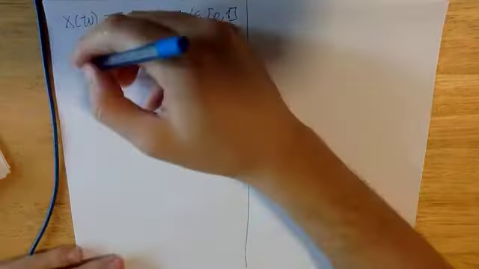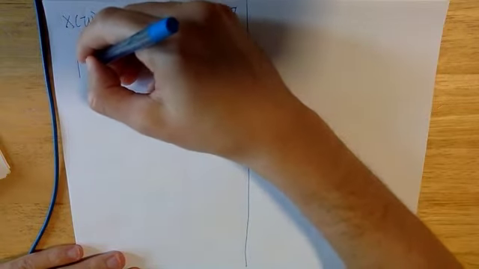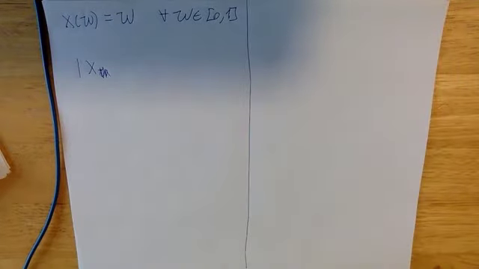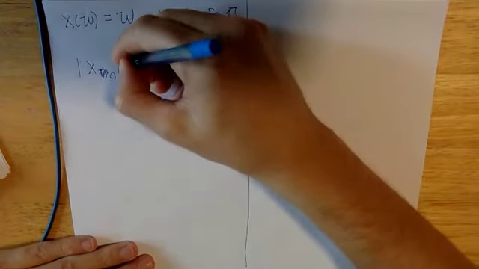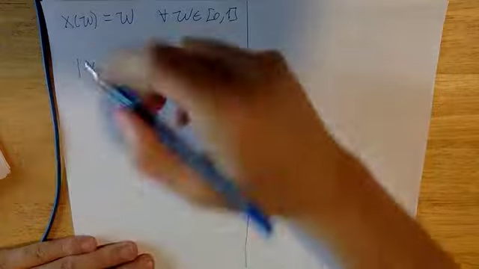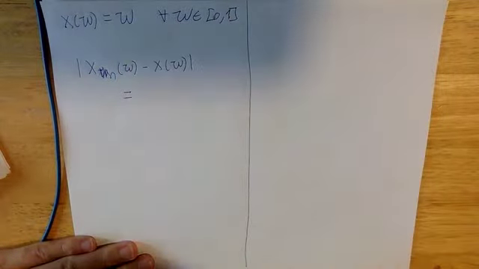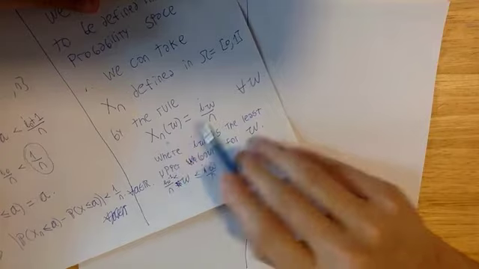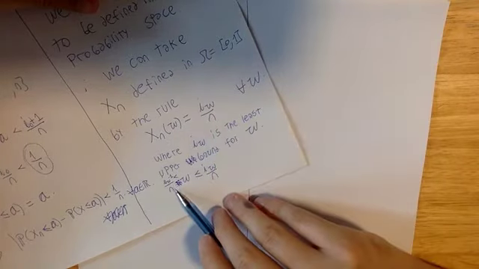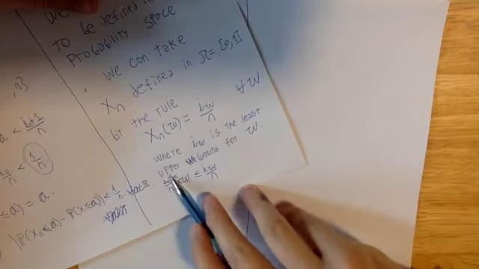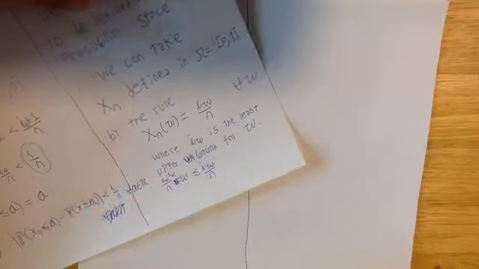So similarly to what we have done for the distribution function, if we look at the value of Xn of omega minus X of omega, X of omega is equal to omega, and Xn of omega is equal to i omega over n, which is slightly bigger than omega but differs from omega by less than 1 over n, similarly to the computations that we did over here.